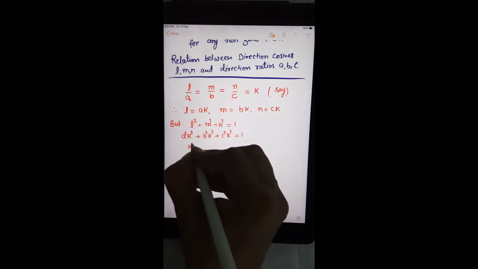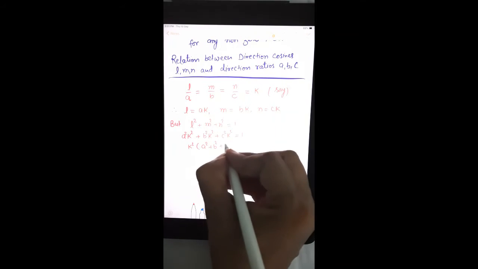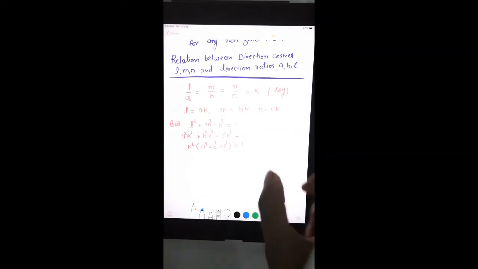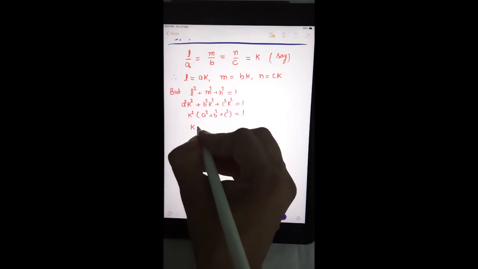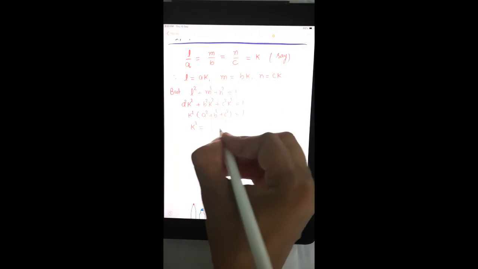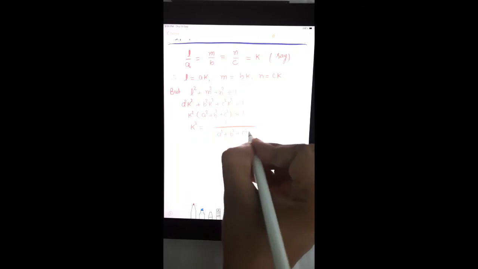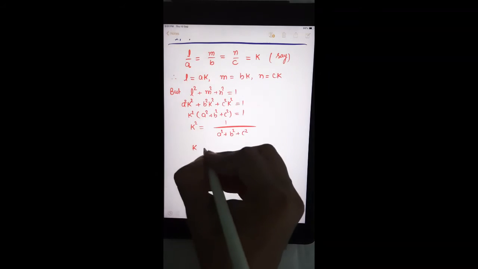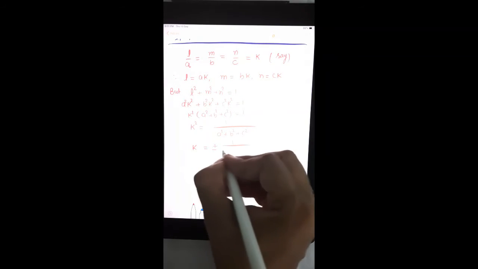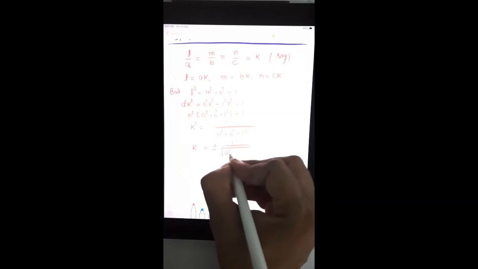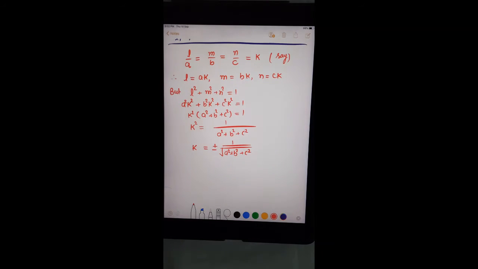So take K square as common, we get K square into (A square plus B square plus C square) equal to 1. Now by this we can get K square is equal to 1 upon A square plus B square plus C square. So the value of K is plus or minus 1 upon under root A square plus B square plus C square.